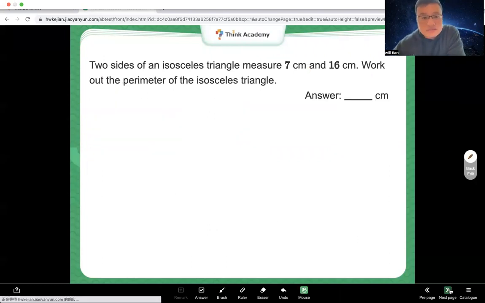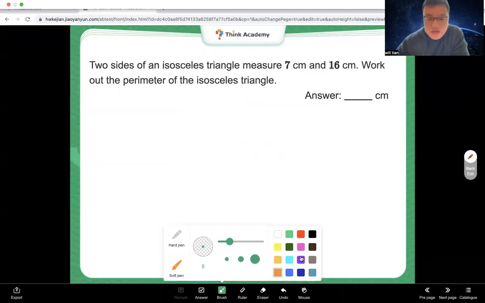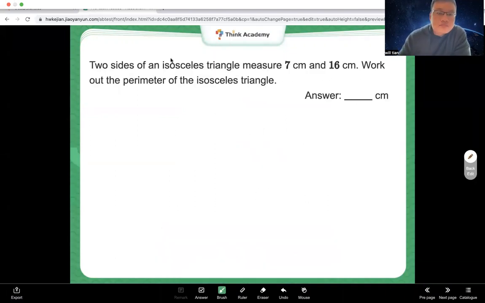Only A is correct. And then the second question, it says isosceles triangle, right? So that means you're going to have two sides equal to each other. Two sides of an isosceles triangle measure 7 and 16, work out the perimeter. The first type, you could repeat that 7.